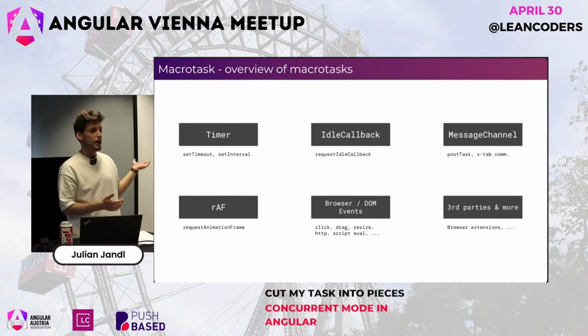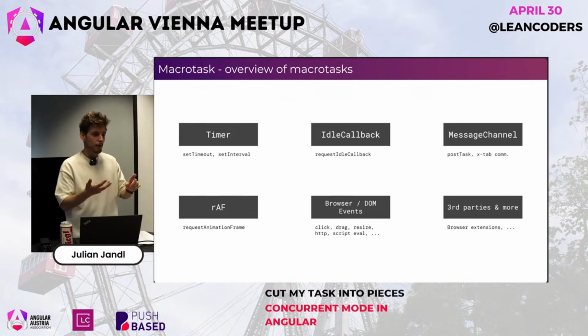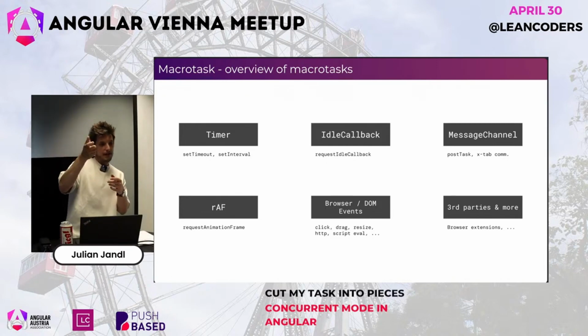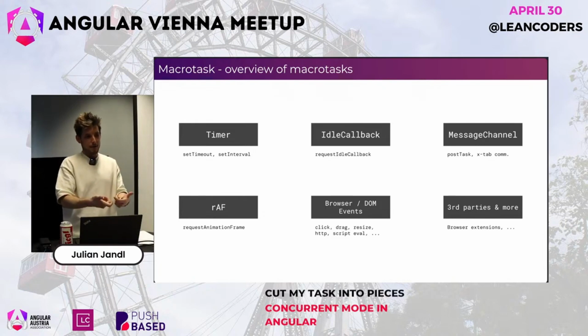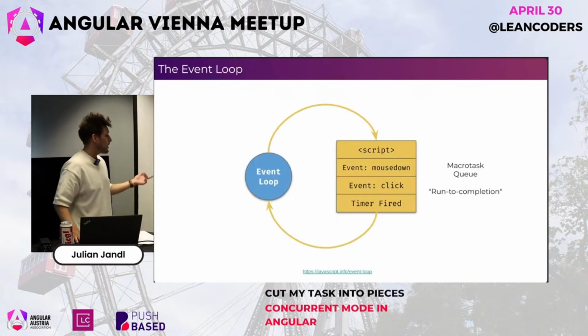Also, of course, third-party extensions like Grammarly or 1Password or LastPass. For example, you click in an input box, your LastPass extension will render this tiny button and this dropdown for you. And this also runs on the same thread and will also be added as a task into your macro task queue.